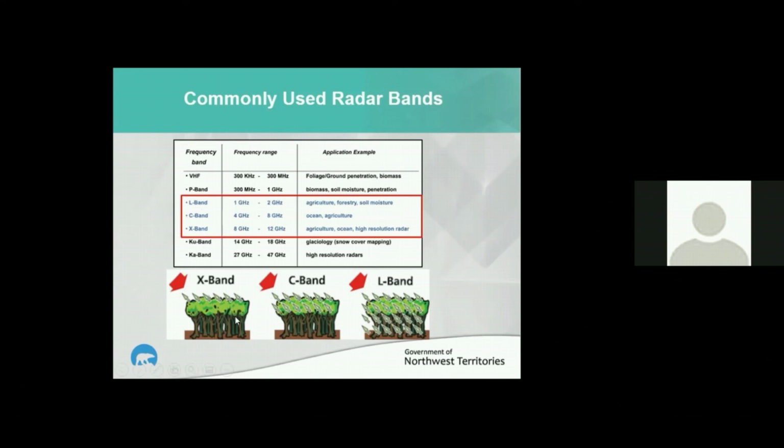So some of them can penetrate, for instance, as it shows, canopy completely to the ground. Some of them return right from the canopy, and the C-band just goes up to the middle of the canopy.